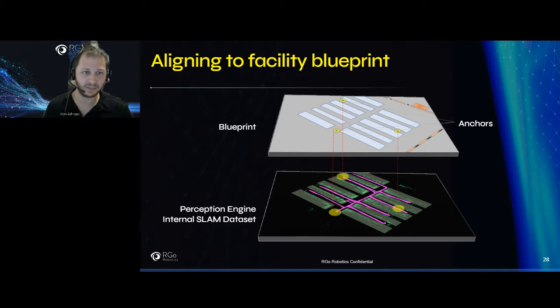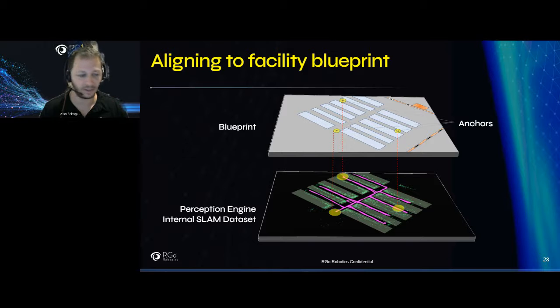And the RGo Perception Engine can automatically align itself to any blueprint or any representation and any other coordinate frame you have. It's a basic operation: you just tell the perception engine where you are in the real world, and it will auto-convert itself to your coordinate frame and your map representation.